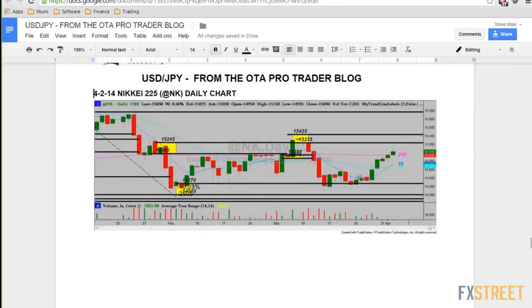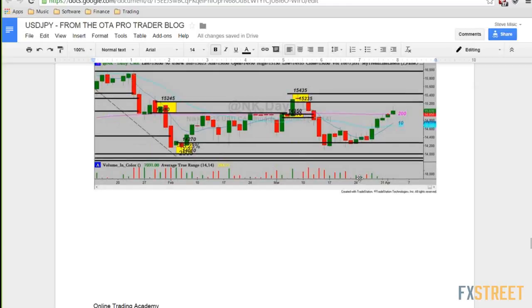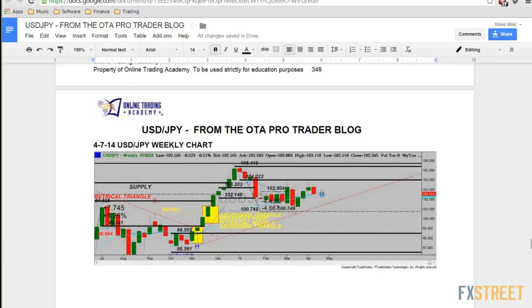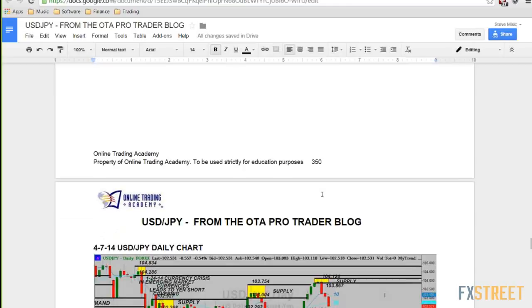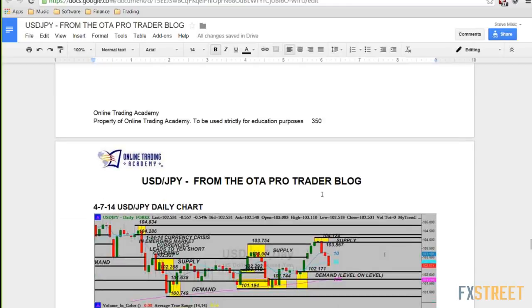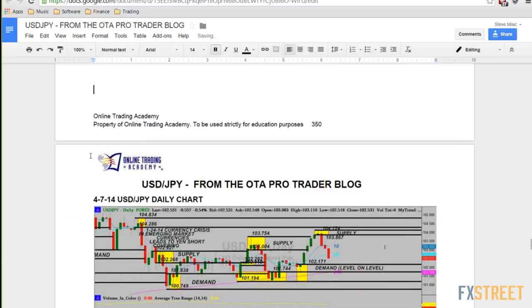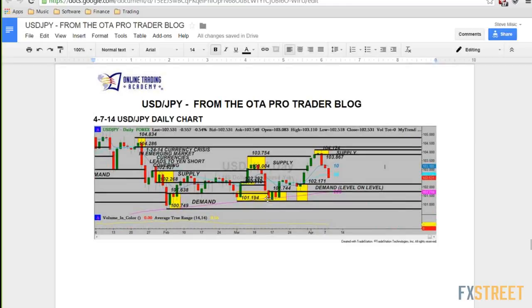So the following week, the week of the 7th of April, we start to drop from the weekly supply level. And as we drop, we actually take out all of the 60-minute demand levels below current price, and we're headed for an area of demand which has formed on top of our older area of demand.